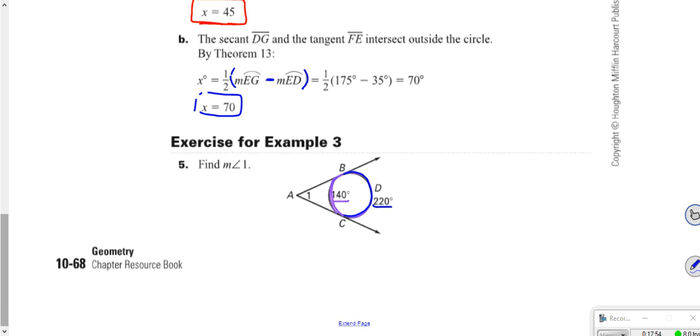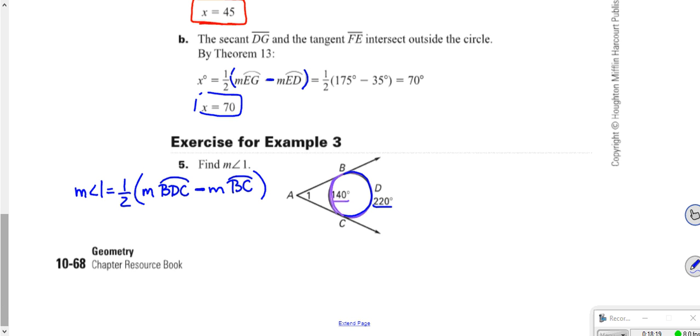Okay, so measure of angle 1 is going to equal 1/2 the measure of arc BDC. It's a major arc, so I need 3 letters. Minus the measure of arc BC. Again, it's minus because it's an external angle.